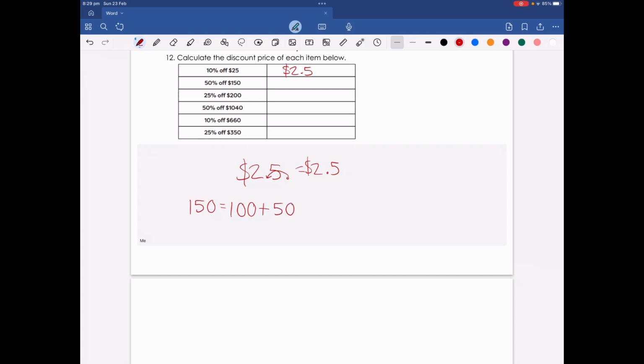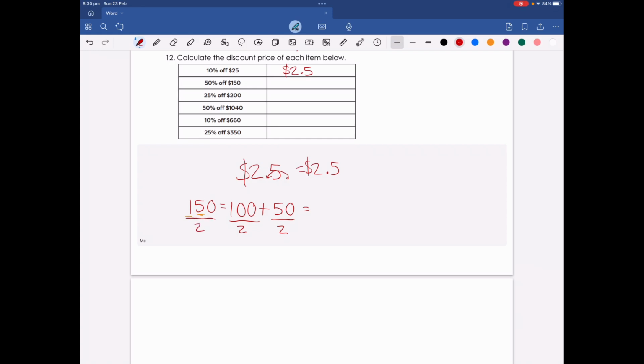And the way I do this, I break it down into their different place values. Now, 100, it's easy to half that, and then you half 50 too.